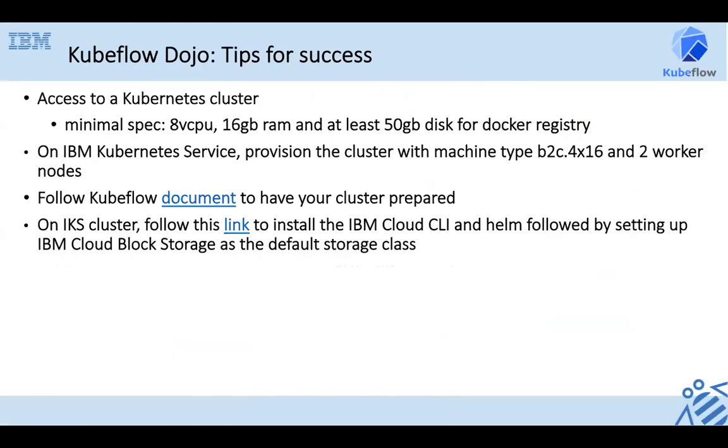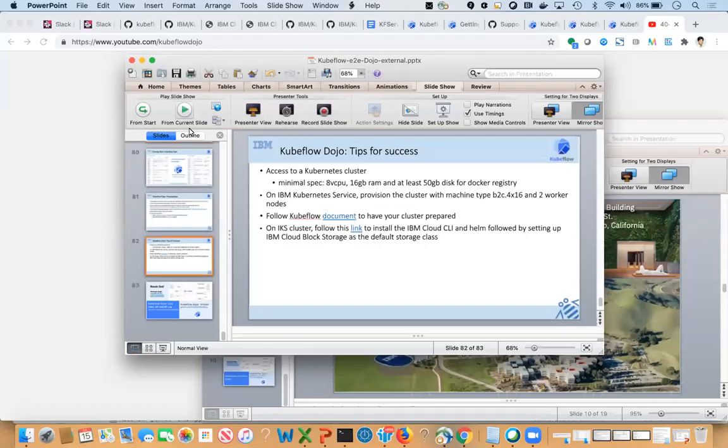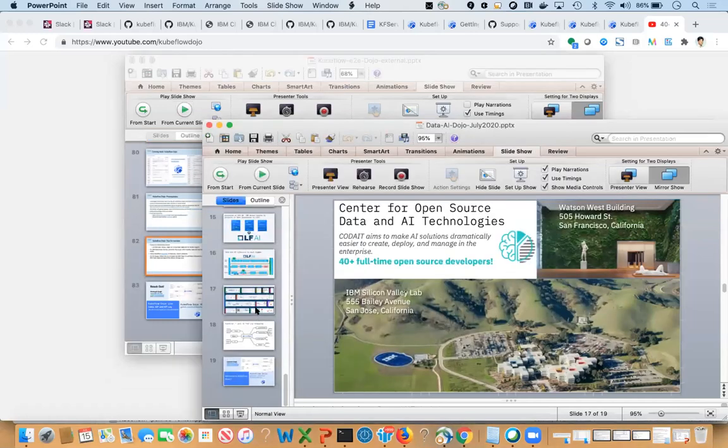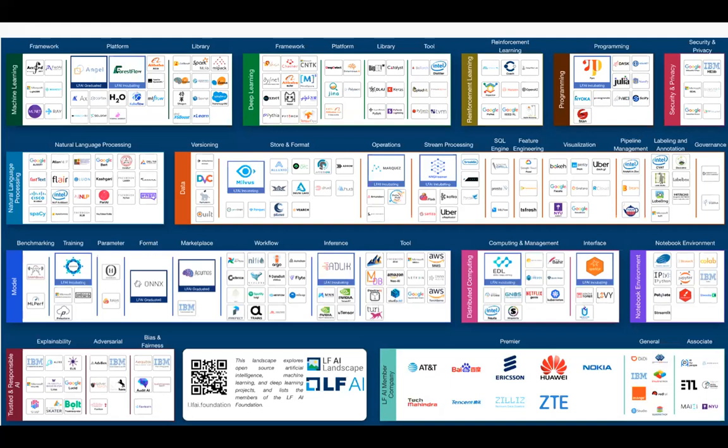The other thing, maybe not in this slide, is the second thing which I said: we talked about this landscape. There are areas like reinforcement learning, and Kubeflow doesn't go into those directions. This is a very specialized field, and that's where you will start looking into the LFAI landscape.